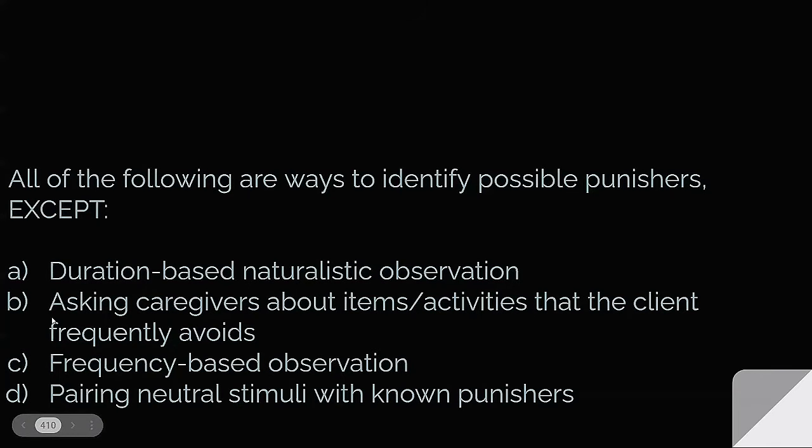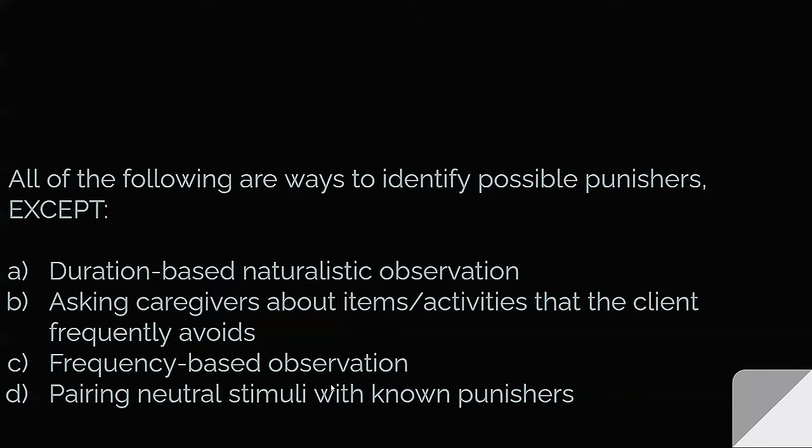With B, asking caregivers about items that the client frequently avoids. All right, indirect measure, but still I can identify some things that are at least possible putative punishers. C, frequency-based observation. Same thing as duration-based. Obviously not the exact same thing, but frequency, and see how many times someone avoids or approaches an item or interacts with an item or not.